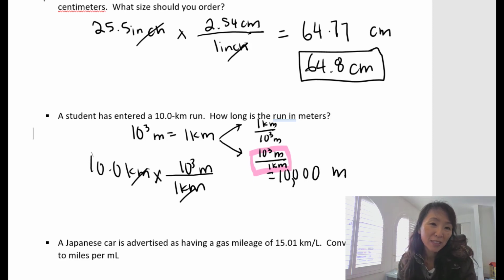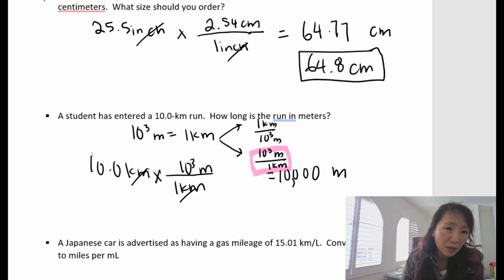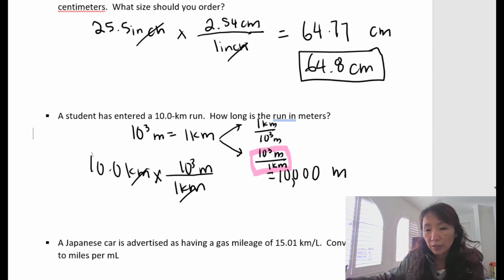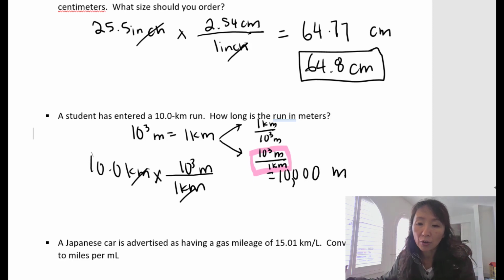Remember, we have to put this in the correct sig figs. The correct sig figs here is 3. So how do we make the 10,000 into 3 sig figs? When an issue like this comes up, you're going to introduce scientific notation. All numbers have an imaginary decimal at the end, whether it's needed or not.